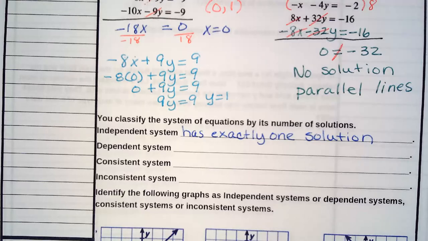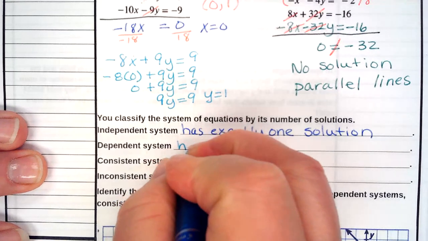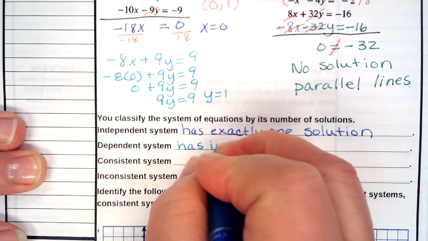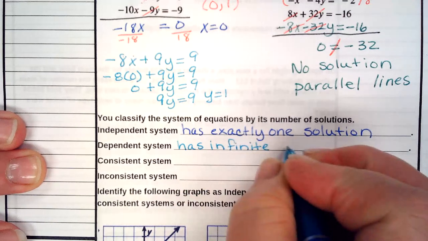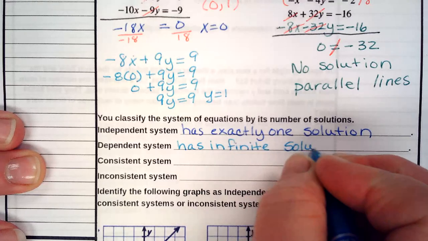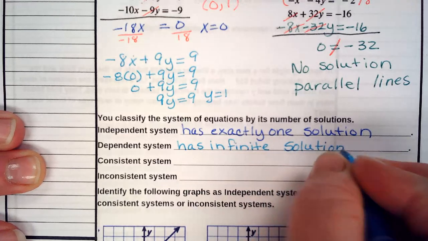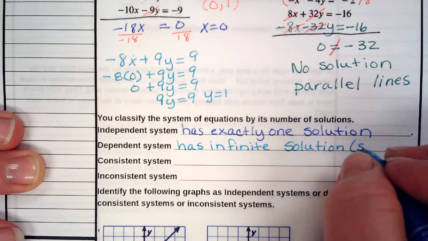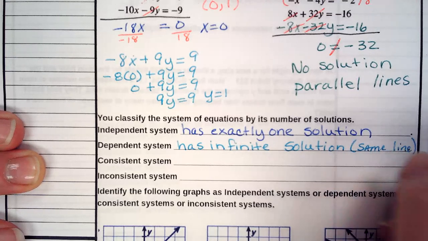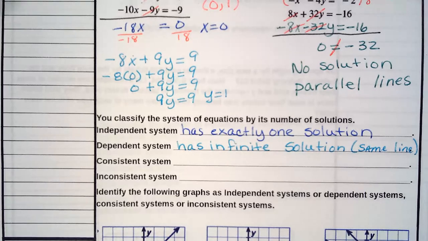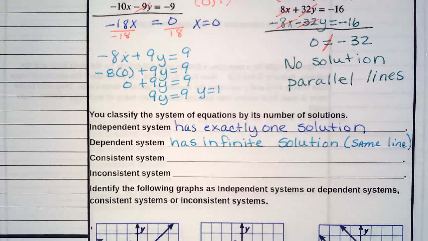If it is dependent, then it has an infinite number of solutions. And if you're thinking about it, it is the same line. That's the only way you can have an infinite number of solutions, if it's the same line.